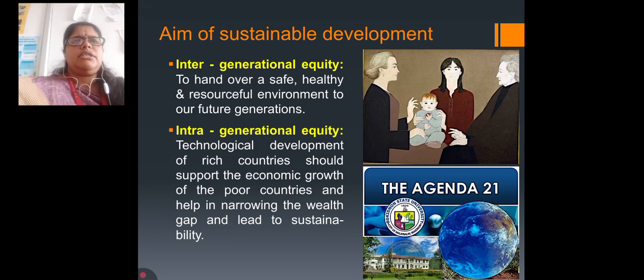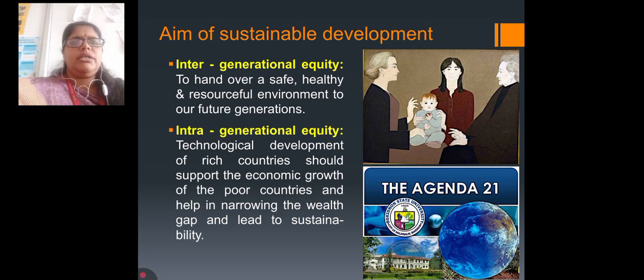So, the aim of sustainable development is intergenerational equity, to hand over a safe, healthy, and resourceful environment to our future generation. This is the very important duty of the present generation.